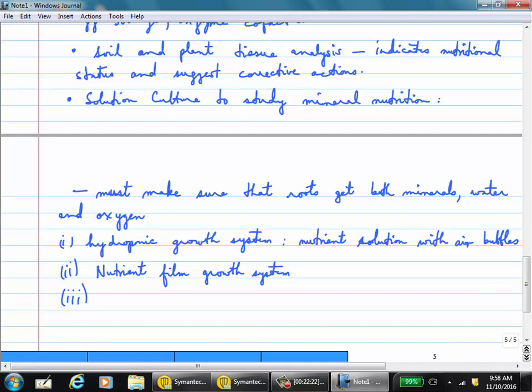So aeroponic growth system. So you spray the roots intermittently.